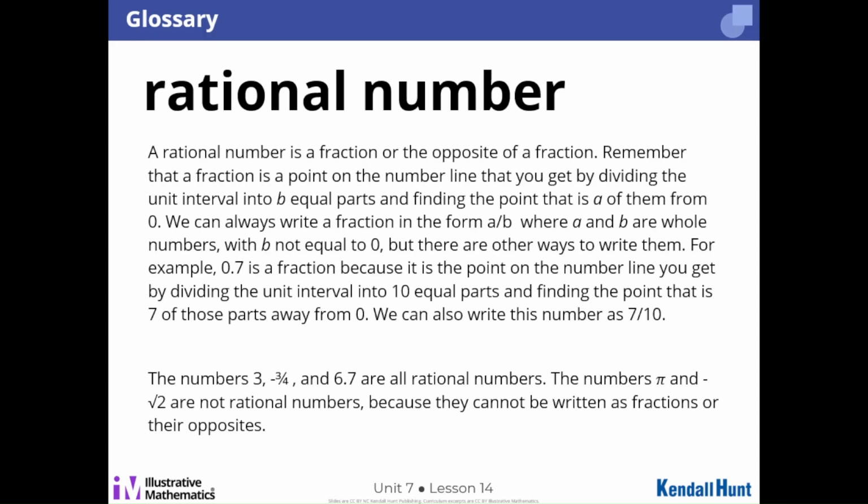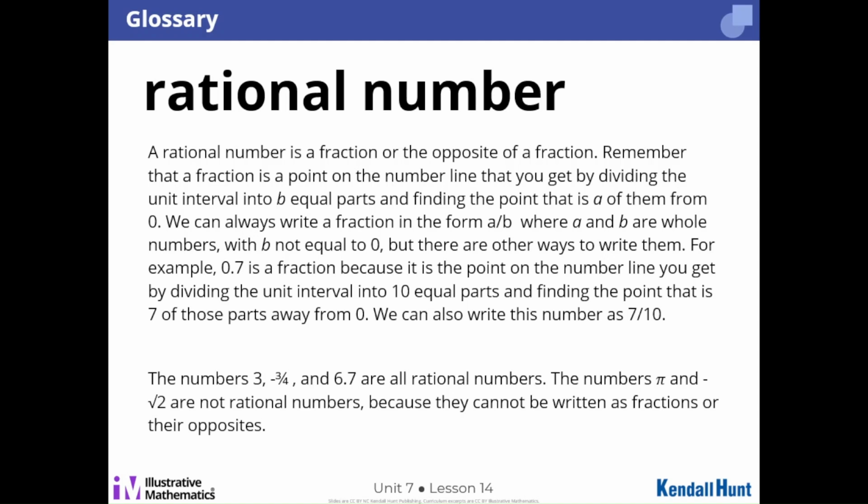And our last glossary term is rational number. Remember that when we refer to something as a rational number, we're talking about a number that we can write as a fraction. So obviously that means fractions are rational numbers. Whole numbers can be written as the whole number over 1, so whole numbers are rational.